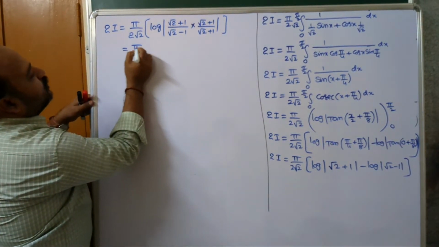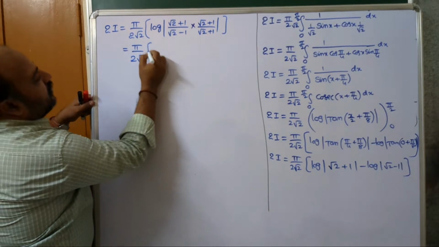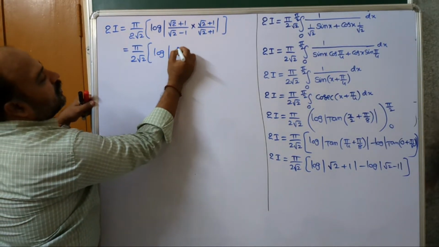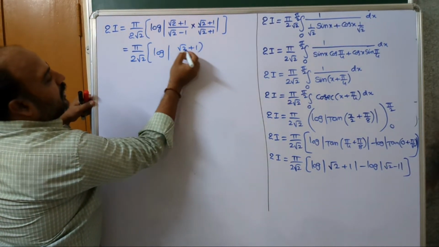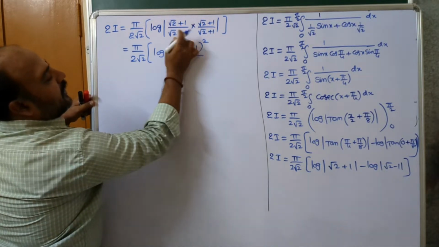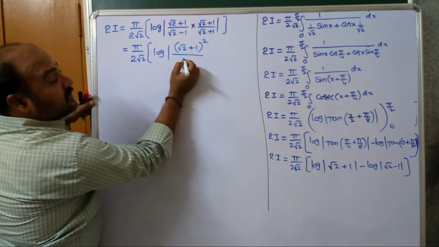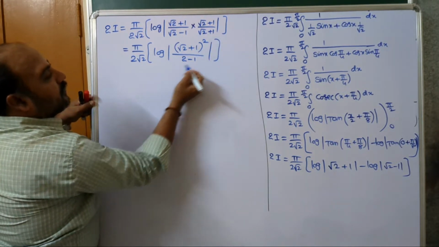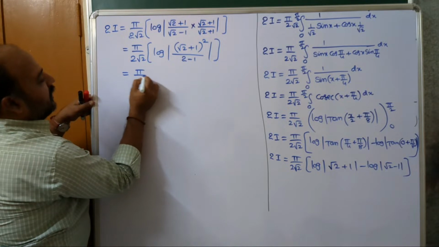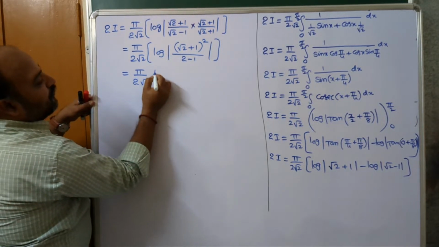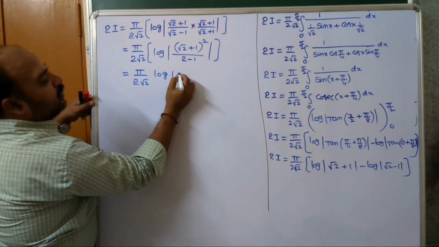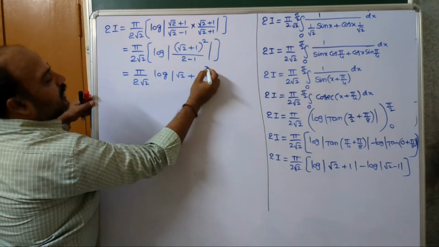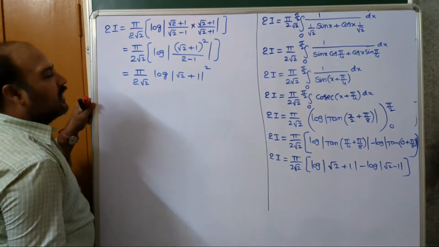So pi by 2 root 2 log of root 2 plus 1 whole square by a minus b into a plus b, which is a square minus b square, 2 minus 1. So that is equal to pi by 2 root 2 log of root 2 plus 1 whole square by 2 minus 1, which is 1, we can leave it.